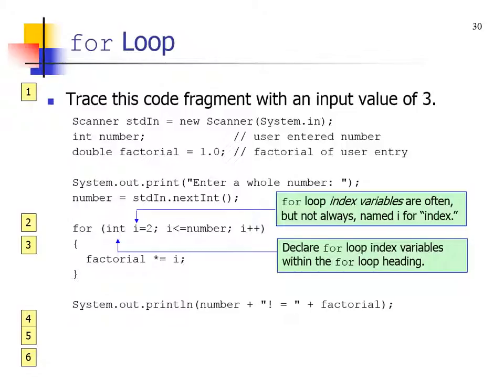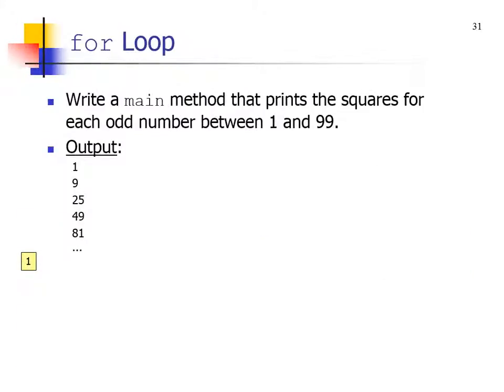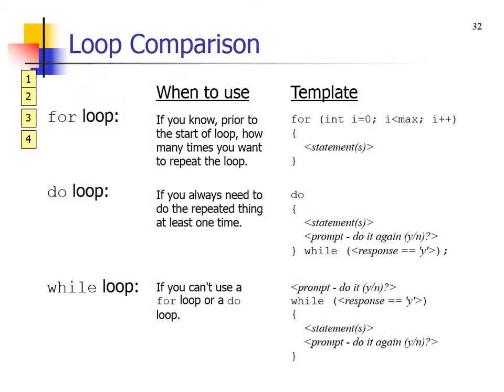Well, i is less than or equal to number. Interesting. Because if it's 2, it'd be 2 to 2, which would be fine. 3. Oh, I see what they're doing. Okay. I'm not going to have you do that one.